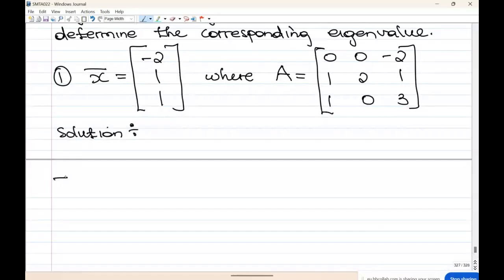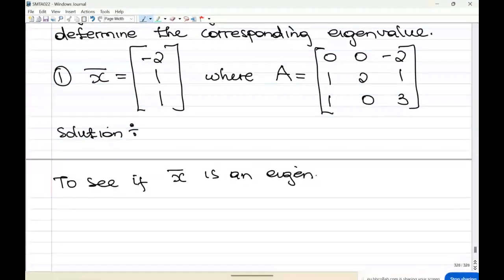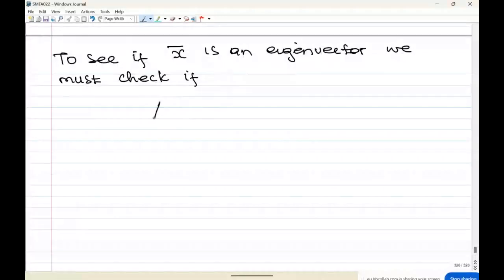To see if this vector x, -2, 1, 1, is an eigenvector, we must check if your Ax is equal to your lambda x, vector x.